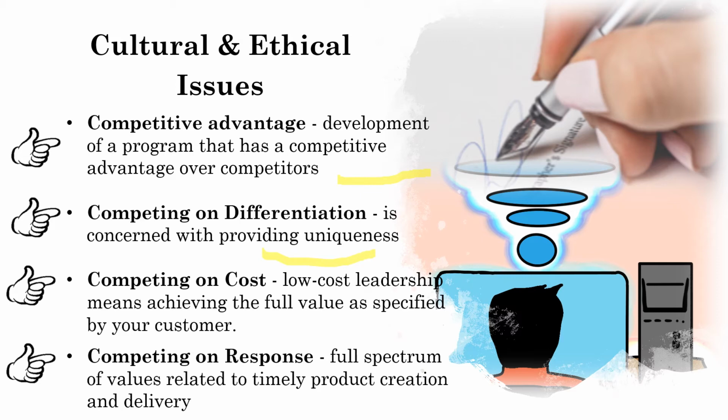Differentiation is concerned with providing uniqueness. A firm's opportunities for creating uniqueness are not located within a particular function or activity, but can arise in virtually everything a firm does.